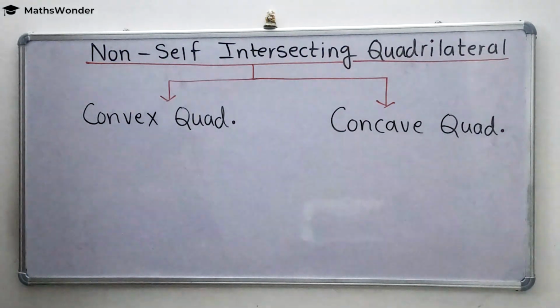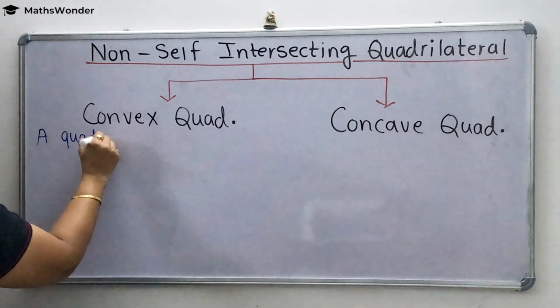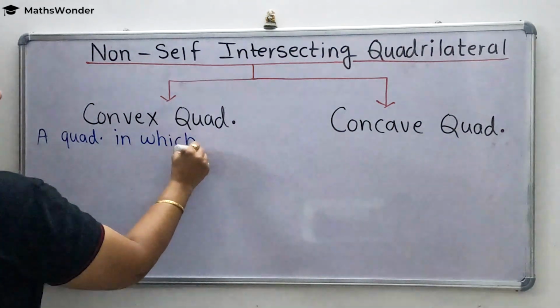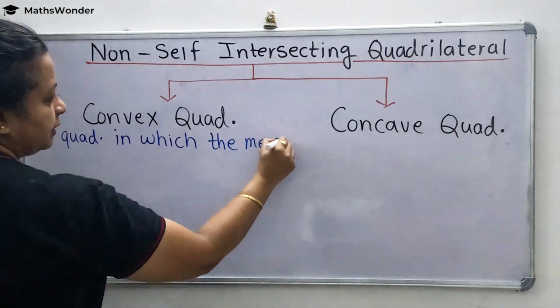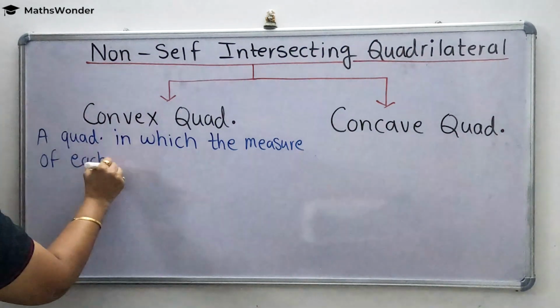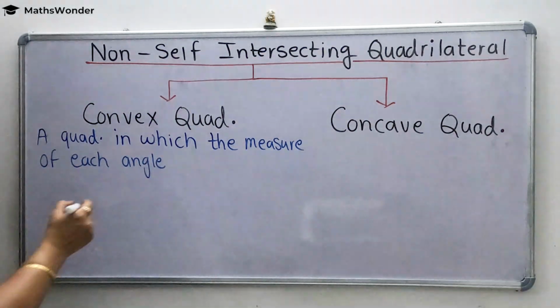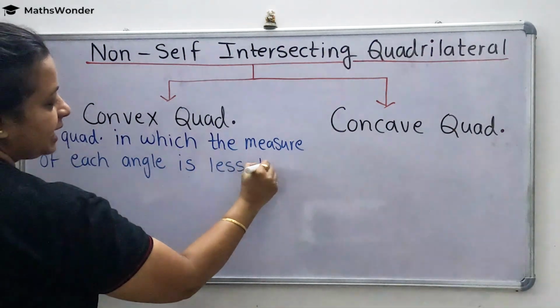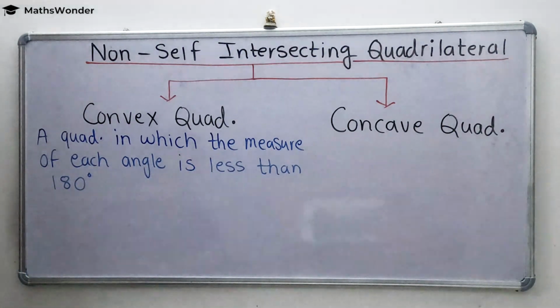Convex is a quadrilateral in which the measure of each angle is less than 180 degree. It's called a convex quadrilateral.